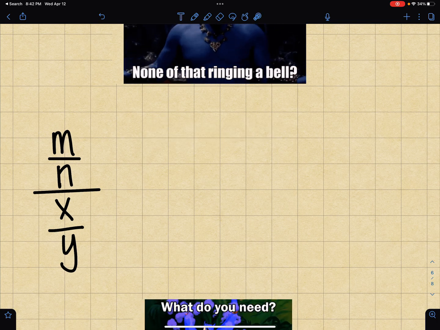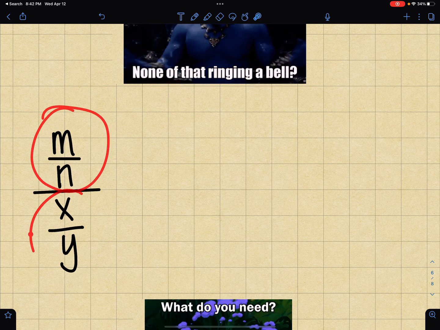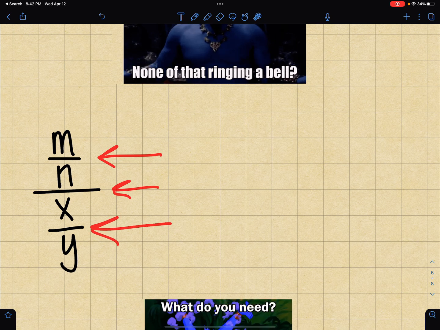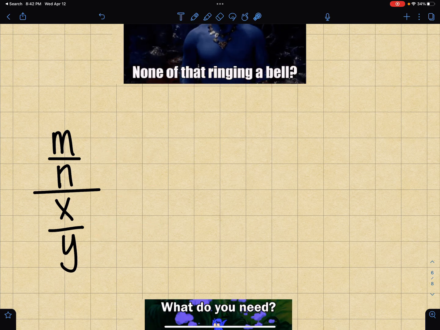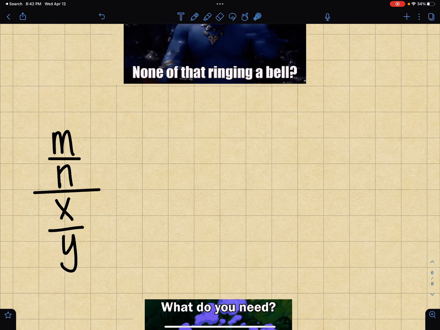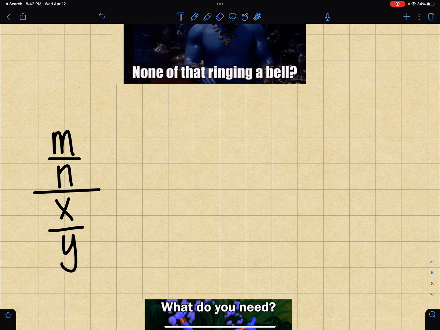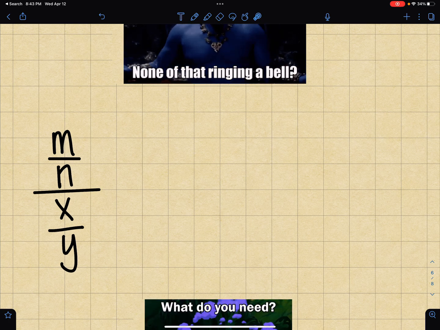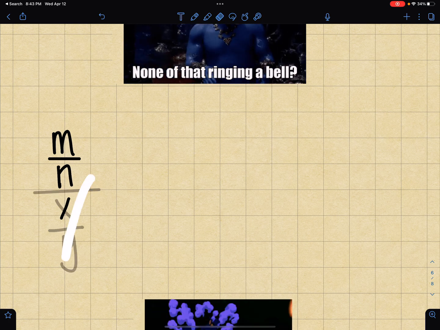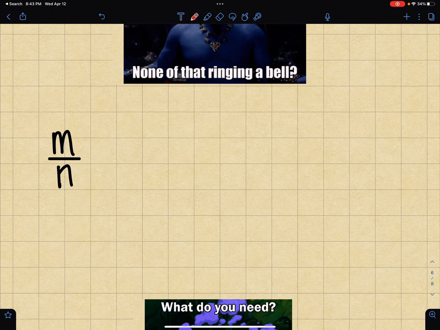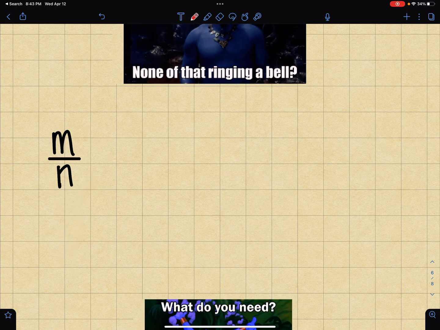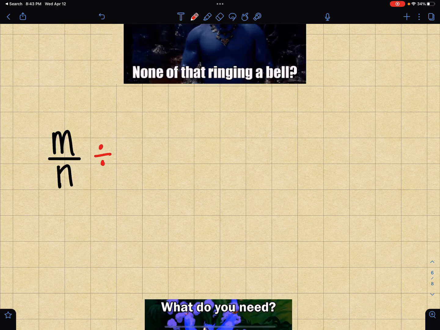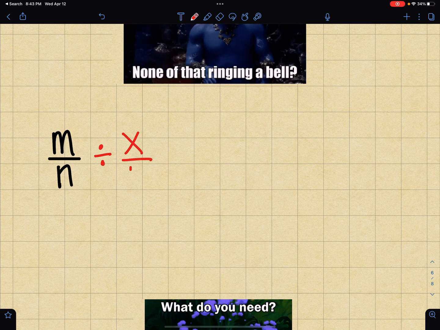So here we go. Let's look at this example. We've got a fraction over a fraction, several fraction lines, right? So that makes this a complex fraction. Let's just use the rule to figure this out. The rule says if you're dividing fractions, and that's what we're doing, this is the same as dividing m over n by x over y.